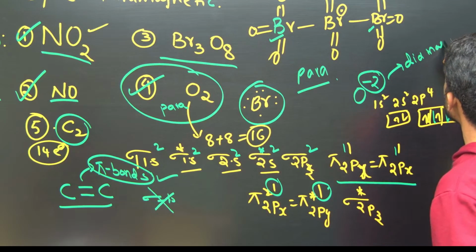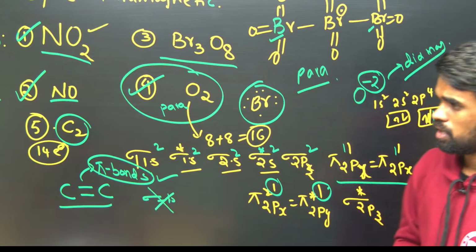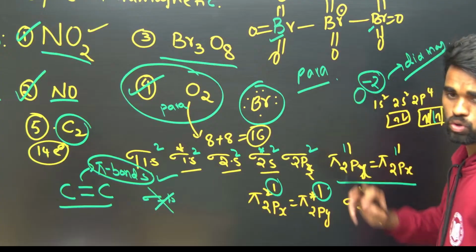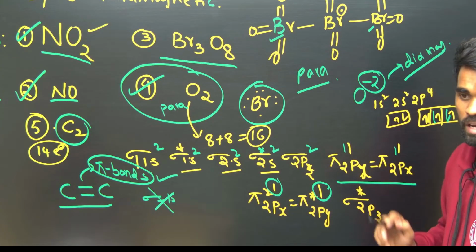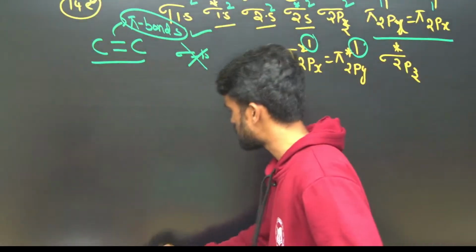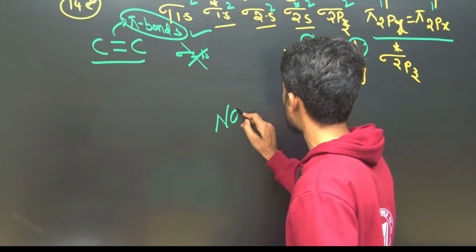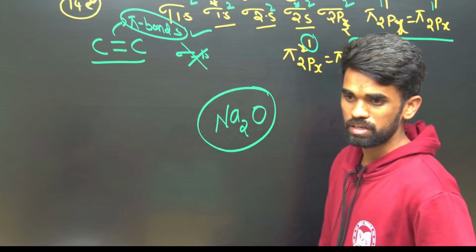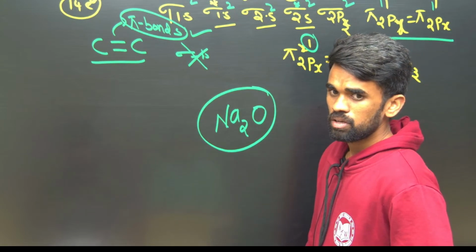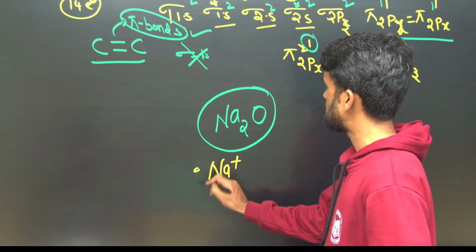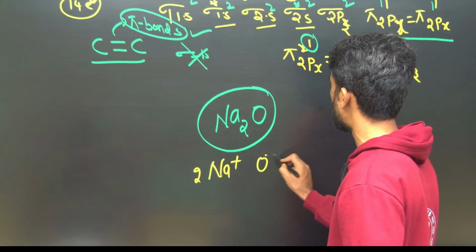So these are very simple questions, but some students will face difficulty solving this kind of question, like O minus 2, an oxide being given, and they ask you to find whether it is diamagnetic or paramagnetic. For example, they will give it indirectly like this, Na2O. Tell me whether this compound is diamagnetic or paramagnetic. See here, 2 Na plus ions are there, and an O minus 2 ion is there.